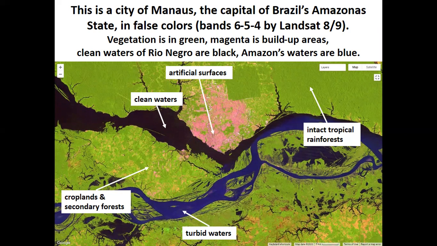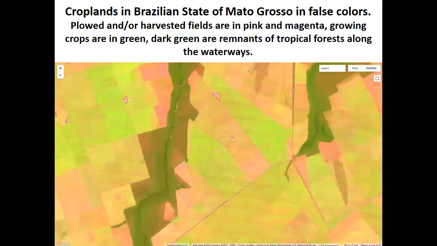And it looks very different. It reflects the light differently. You could see it in blue. So looking at these false color images, you should be able to interpret what you actually see. Just let me show you a few more examples.